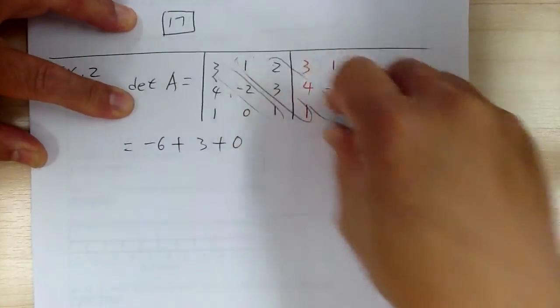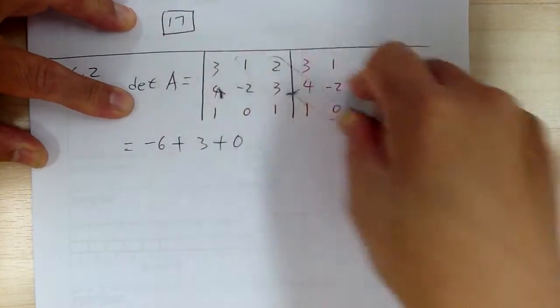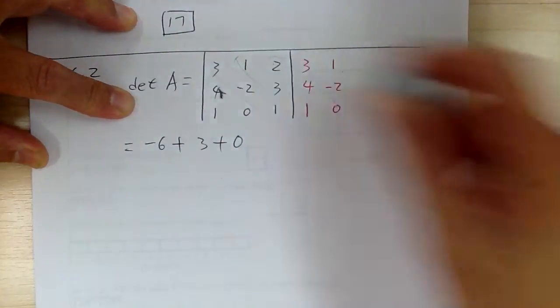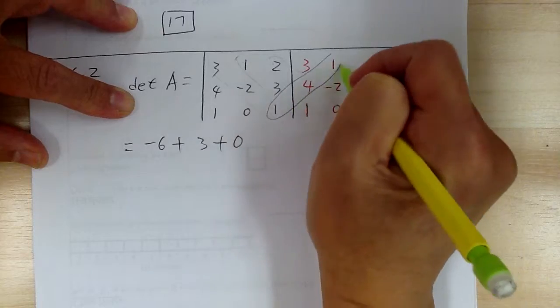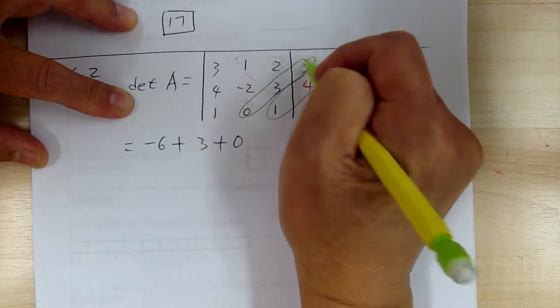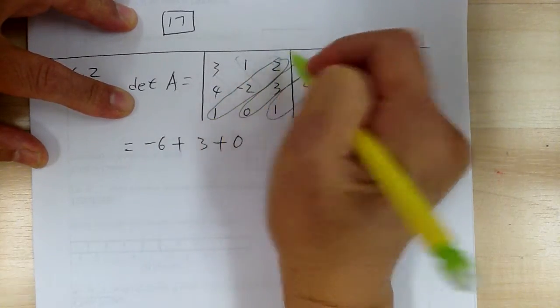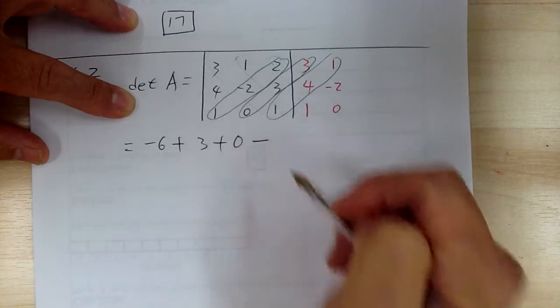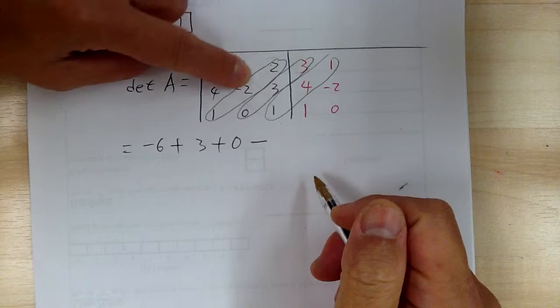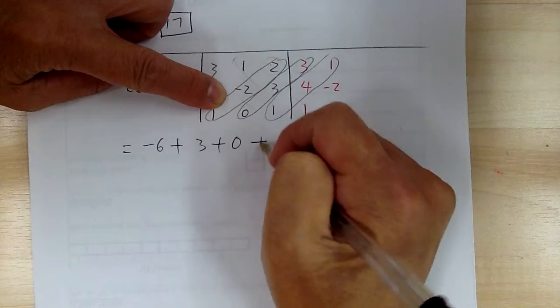Now you're going to go the opposite direction, and all opposite direction would be minus. So you're going to go this way, and this way. When you go in this direction, all are minus, so right away you write down minus. This way will give you minus 4, so it becomes plus 4.